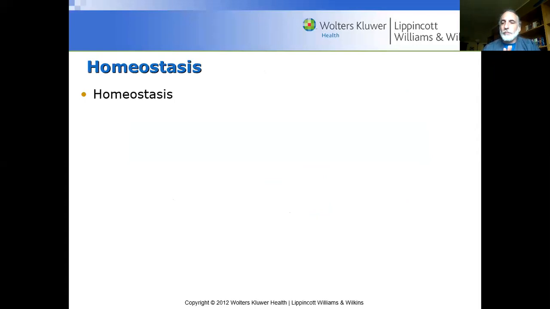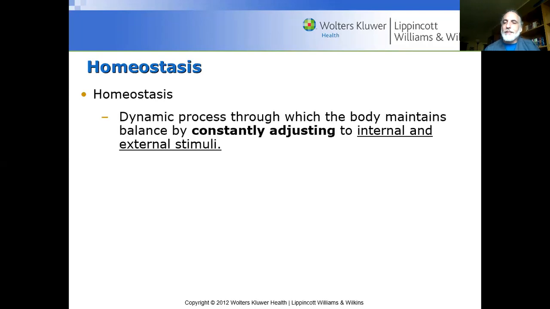So let's review. Homeostasis. What is homeostasis? Homeostasis is a dynamic process, constantly adjusting to stimuli. When you think about it, and as we will go into here with fluid balance, constant adjustments, fluid moving in and out of cells, fluid loss, fluid being replenished.